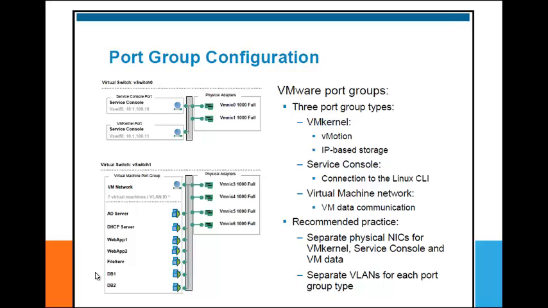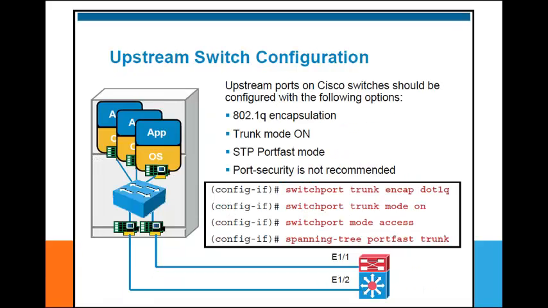I want to explain why port security is not recommended on the physical interface. When I enable port security, the default number of MAC addresses allowed is only 1. Let's say I allow 10 MAC addresses. Now I have 10 VMs. 10 VMs will give 10 MAC addresses here.